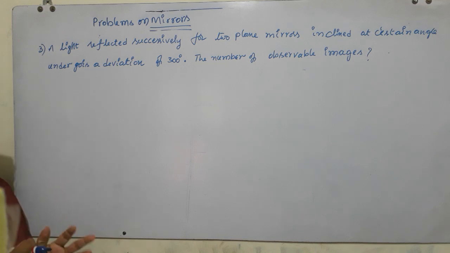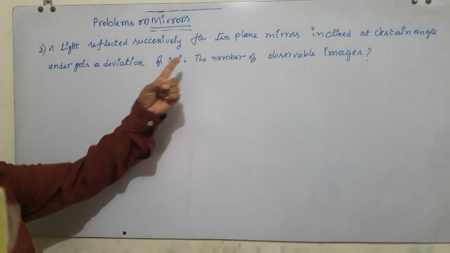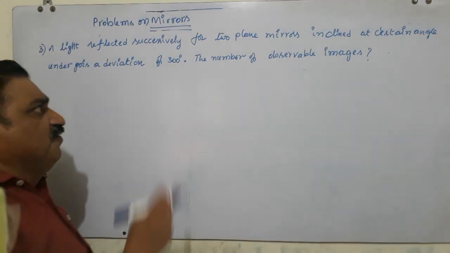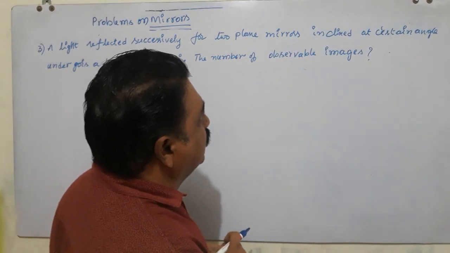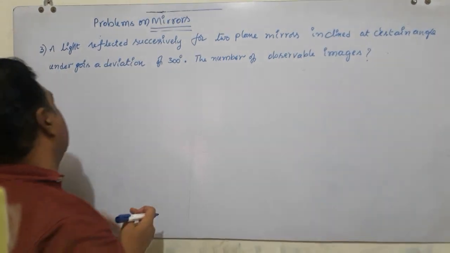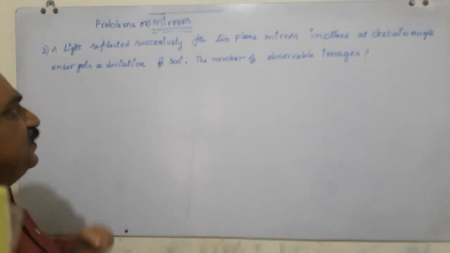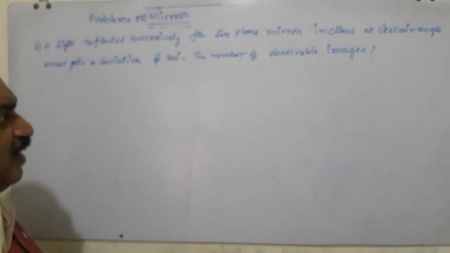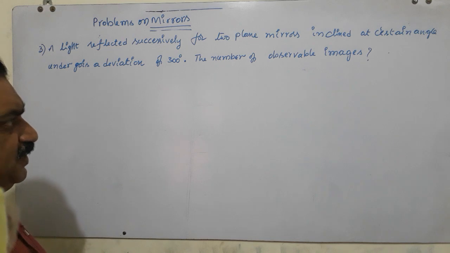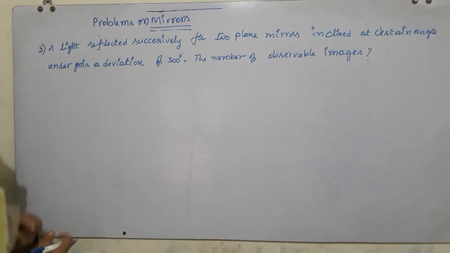See, in this problem, a light ray reflected successively from two plane mirrors inclined at an angle undergoes a deviation of 300 degrees. The number of observable images is what we have to find.